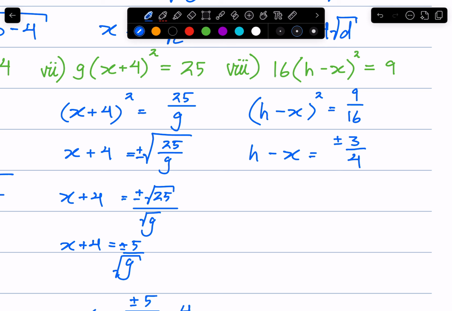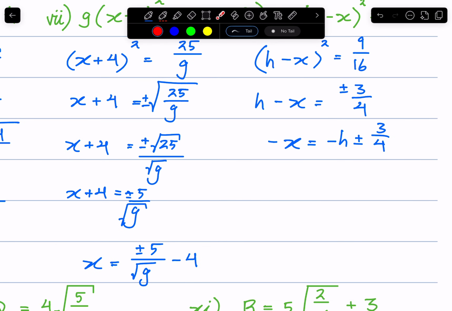And for this, again, I'm going to give only the numerator that plus minus. And so now, from this point, we subtract h, we are left with negative x equals negative h plus minus 3 on 4. But as we've seen in many examples prior to this, we can't leave it at negative x.